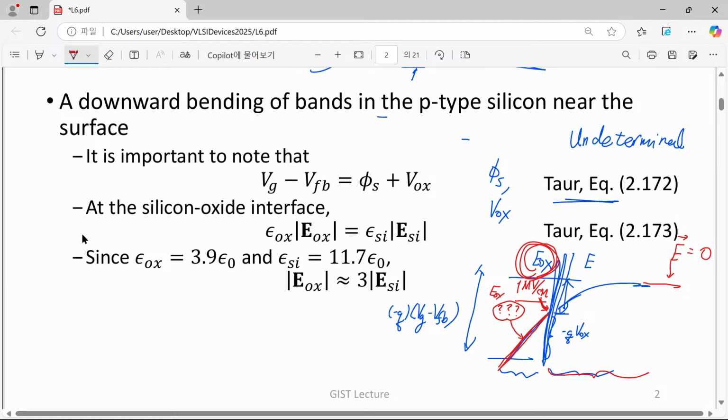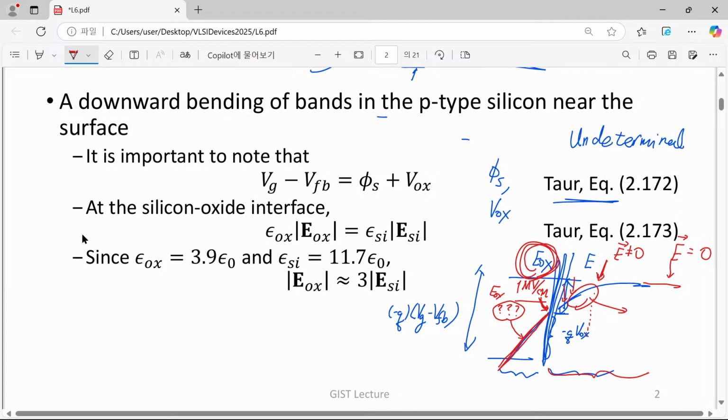And if you enter into the depletion region, then your electric field is no longer zero, but its magnitude would be very low. If you go deeper and deeper into the substrate, you will feel that the magnitude of the electric field is increasing and increasing. Why is it increasing? It suggests that there is something to increase the electric field.